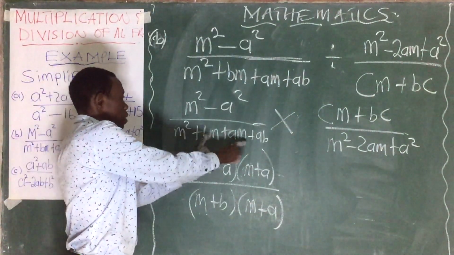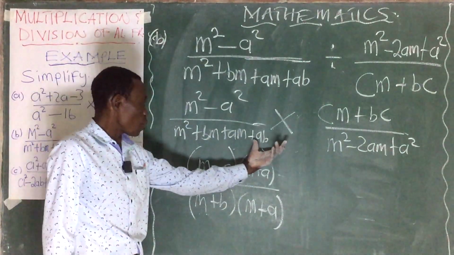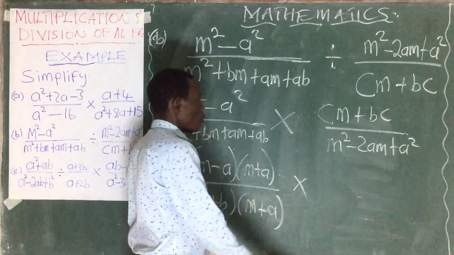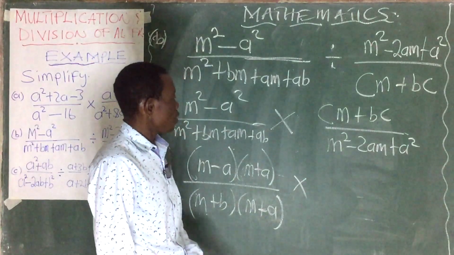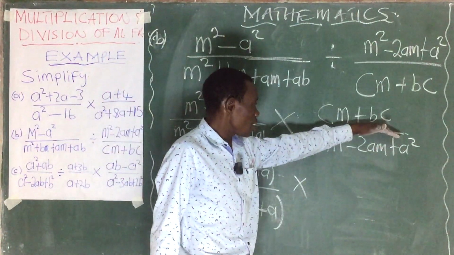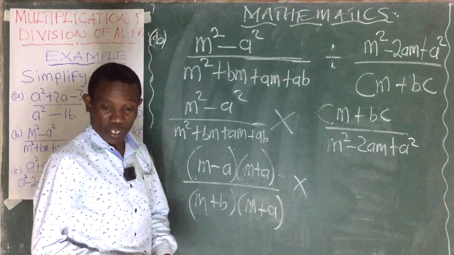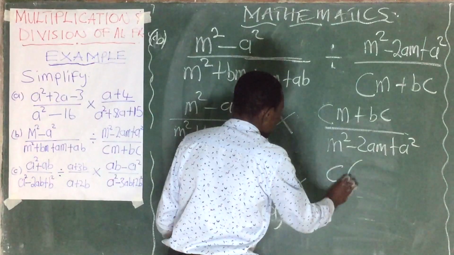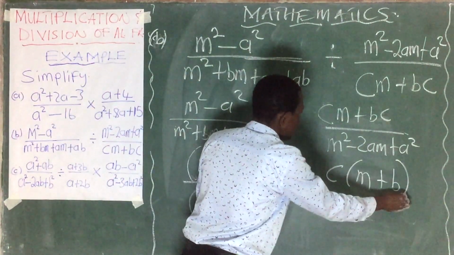You group these terms, you group those terms, find the common factor, and you go like that. But here, you also do the same. Try to factorize this one and that one. You can factorize this by taking out the common factor, which is simply spotted as c. So you divide out the common factor c, getting into cm, you get your m plus b as such.